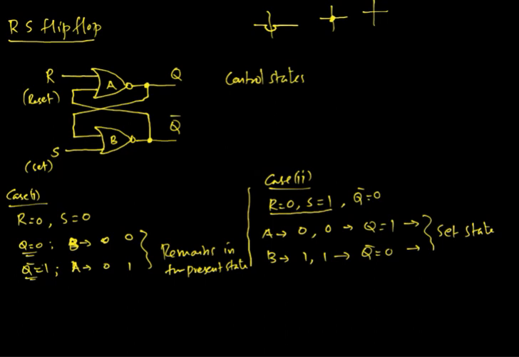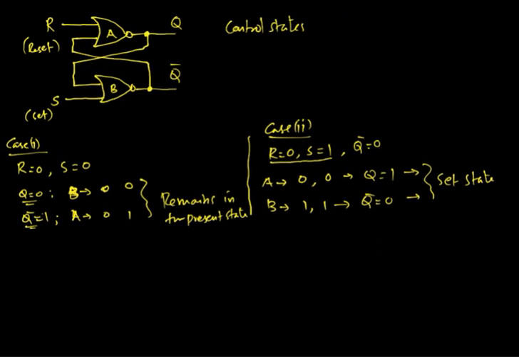So when R is equal to 0 and S is equal to 1, it changes the output to the set state. That's why S is called set, since S equal to 1 makes the set state for this flip-flop.